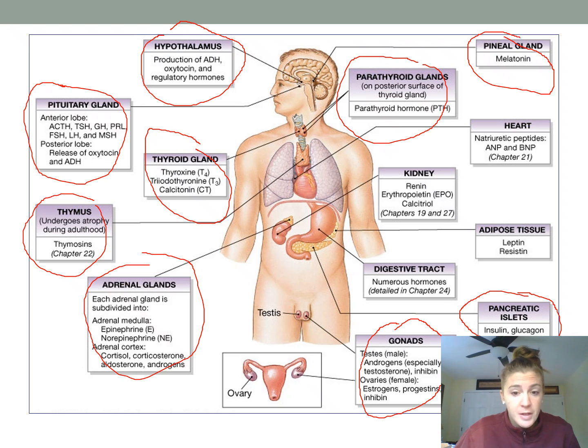Now the real heavy hitters that we're going to delve deeper into that contribute to more endocrine emergencies are the thyroid gland, the adrenal glands, and the pancreas.